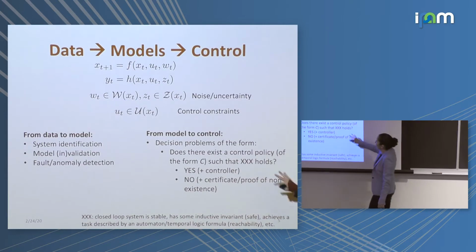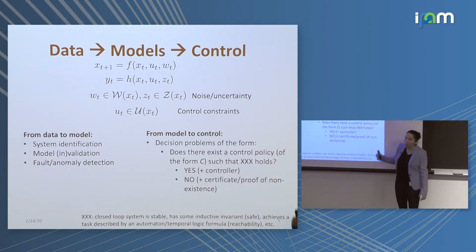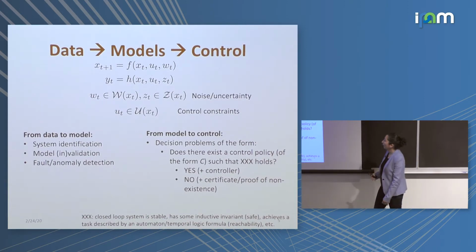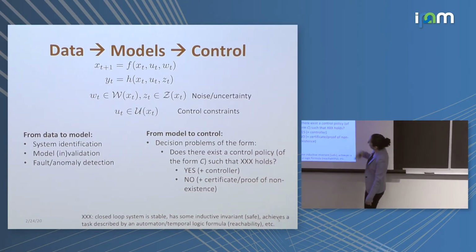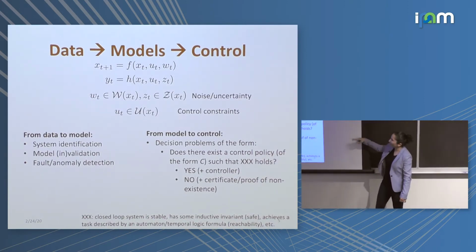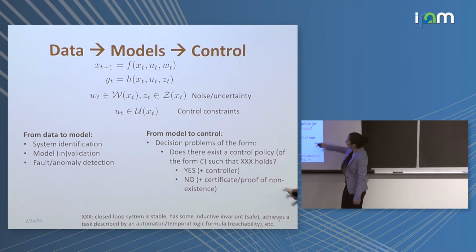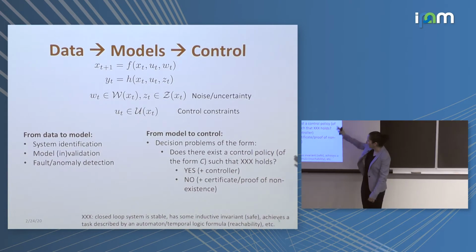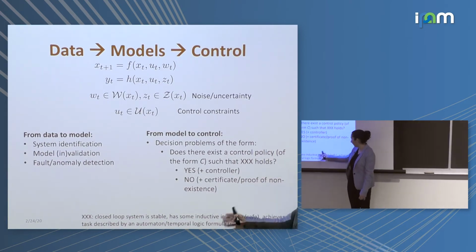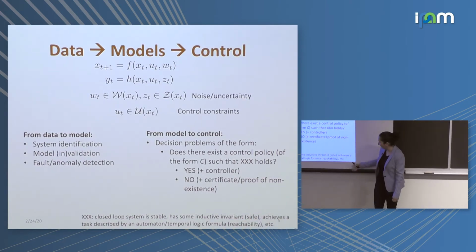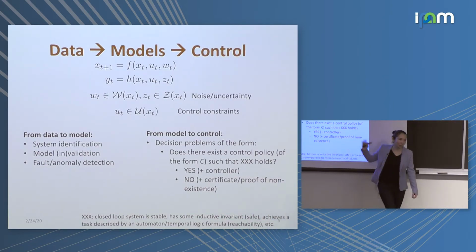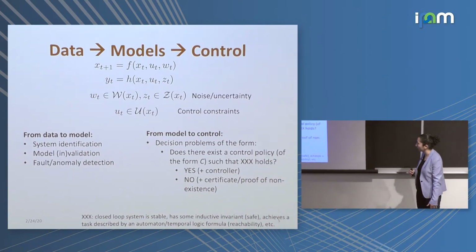On the model to control part, the types of control problems that I am interested in are on the algorithmic side, and they are typically decision problems of this form. Does there exist a control policy such that something holds? And the something could be stability, some inductive invariance, or some constraints or time-varying fancy constraints written in temporal logic.